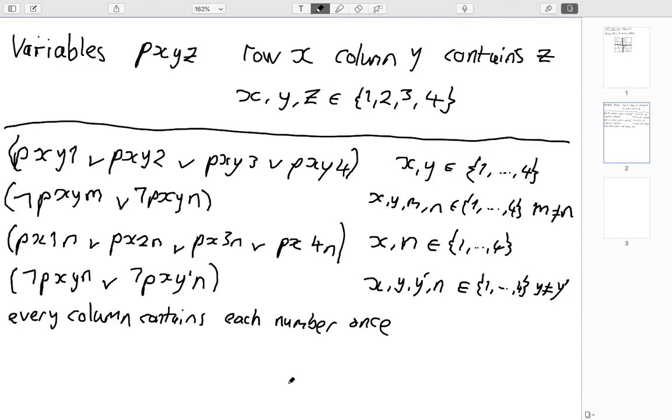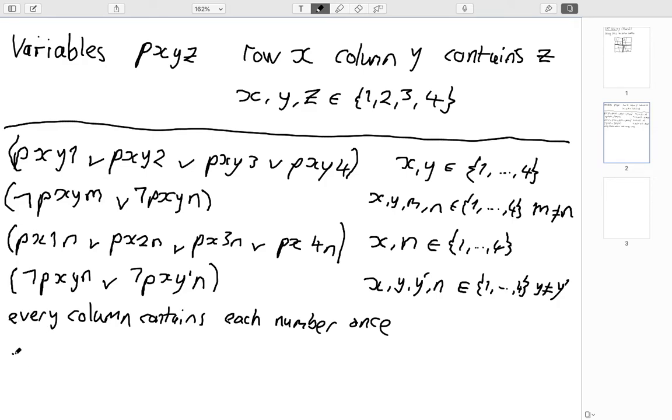And there's another constraint, which is that those corner 2 times 2 squares also contain each number exactly once. So again, one can formulate those in much the same way. We've got 4 squares in the corner 2 by 2 squares.